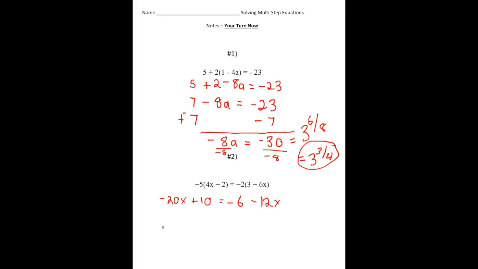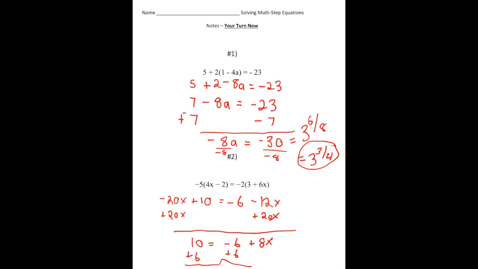All right, now notice we have a variable on both sides, so we need to eliminate one of them. So I'm going to add 20x to both sides. And now we have 10 equals -6 plus 8x.